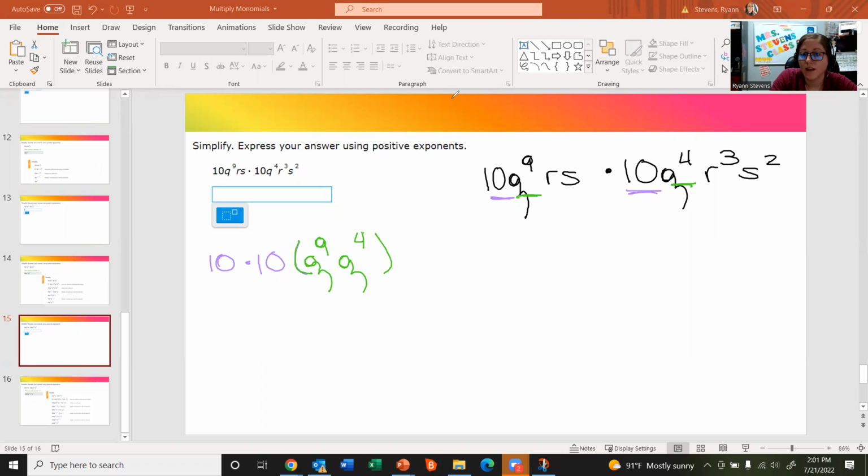And then we would have another set of groupings. We'd have r. And even though it's not written there, we would know that r is to the 1st power. So r, and then r cubed. And in this case, we're actually going to have one more set of groups, and I'm going to change the color for this. And we'd have s, again, it's not written there, but we would know that s is to the 1st power.